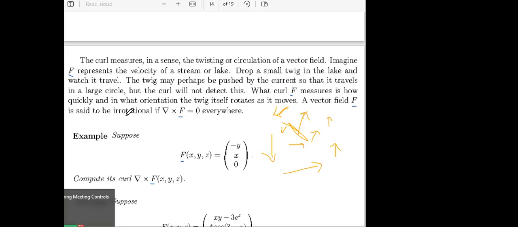Irrotational means that field is not rotating, right? So you can compute that. If the curl of that vector field is 0 everywhere, then we call that field not rotating.